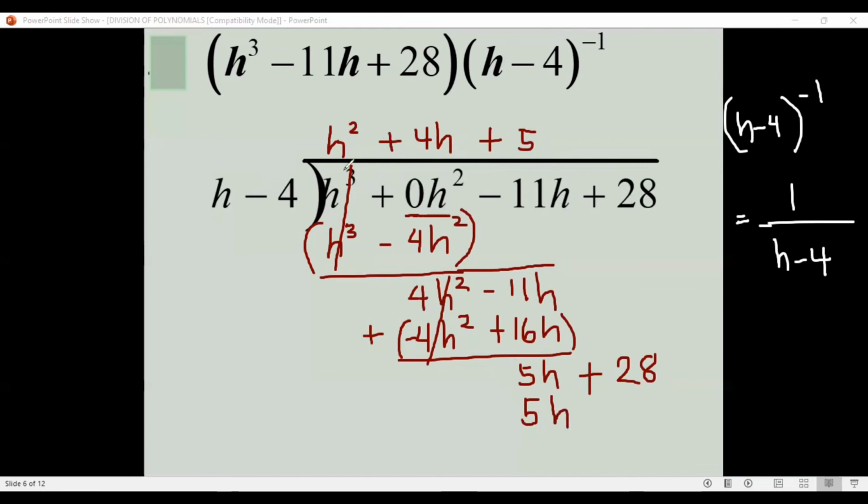And 5 with the negative 4, that will result in a negative 20. Okay, so we are now going to subtract once again. So you are going to subtract this whole quantity. Again, we have to change the sign to its opposite and then proceed to addition. So this becomes 0. And the 28 there added now to 20 is equivalent to 48.